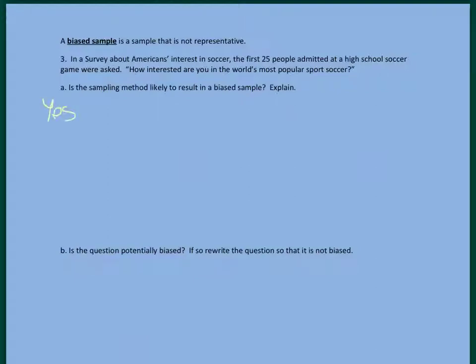Yes, it is biased. And why is it biased?